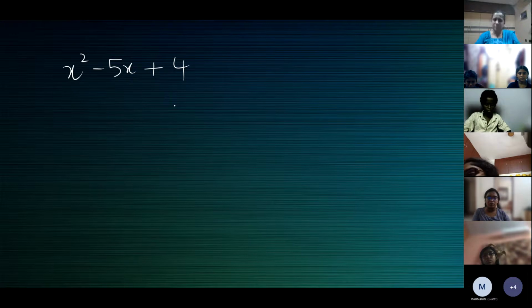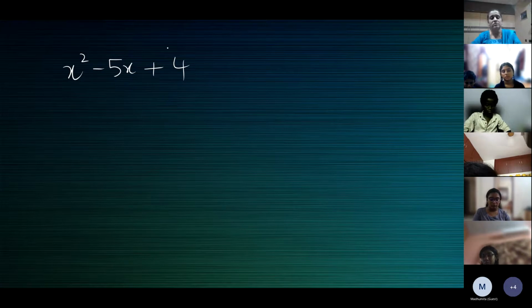I'm repeating. That means it may not have any 0, or it can have only 1 0 or 2 zeros, maximum 2 zeros. So this one is an example of a quadratic polynomial with two zeros.